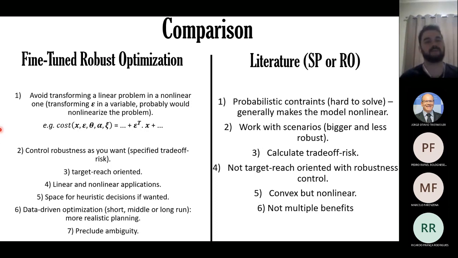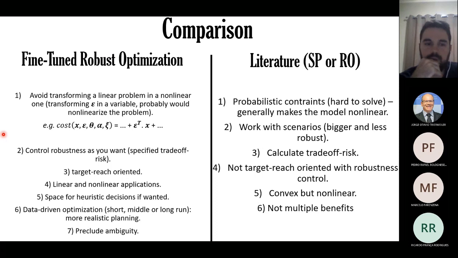The second point is that we control robustness as you want, okay? You're going to specify your trade-off risk, and based on that, the algorithm will force to find a configuration that makes it true. The third point is that this is a methodology that is target-reach oriented. Number 4, linear and nonlinear applications. You can do both, but we're going to talk about the restrictions of it further. Number 5 is that you have some space to create your risk decisions if you want.